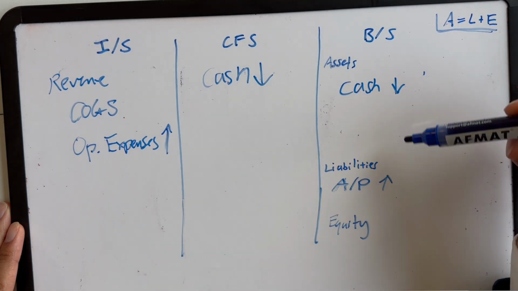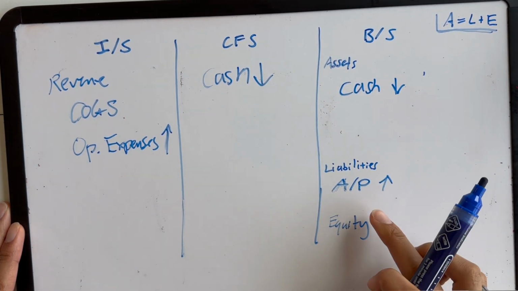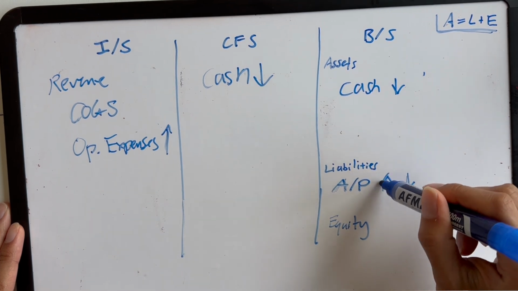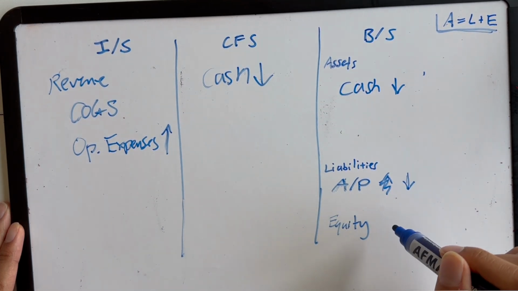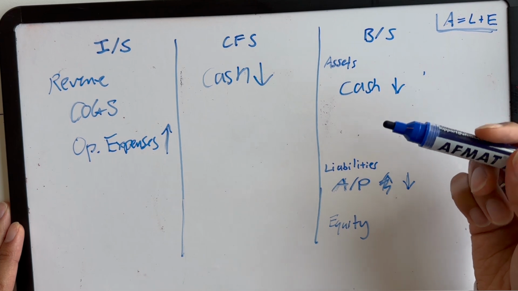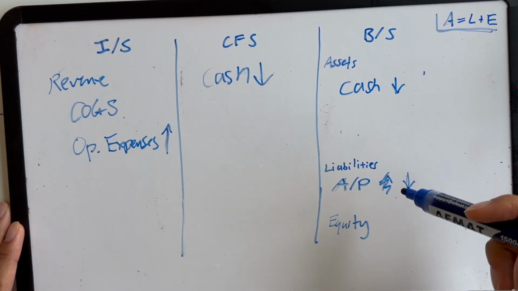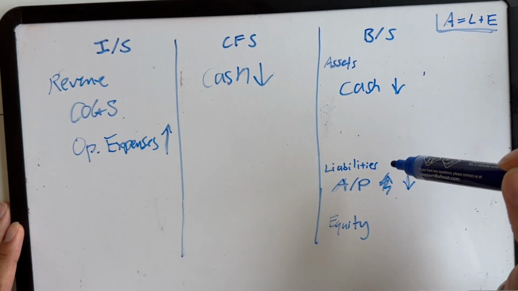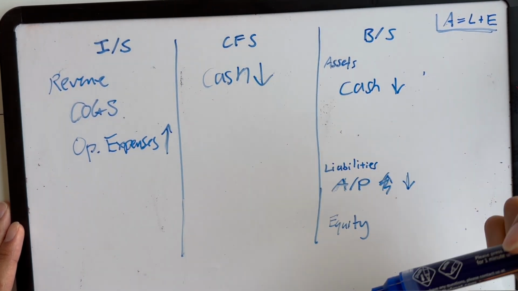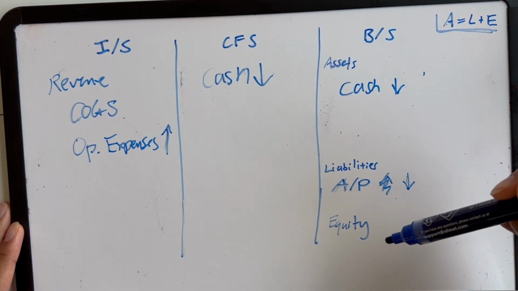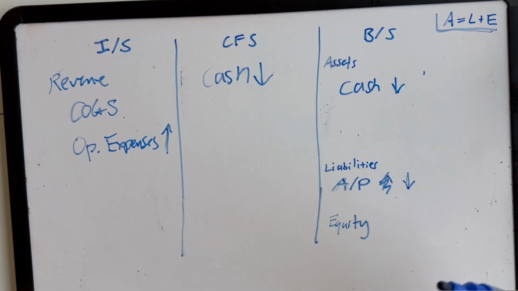And in order for the balance sheet to balance, this accounts payable is now going to decrease as well, because now you don't owe that money anymore. It's being paid out. So that's what happens once the bill actually gets paid. So it's a link between the cash flow statement and the balance sheet, and we have that own internal linkage within the balance sheet of cash going down, accounts payable going down as well in order for the balance sheet to balance.